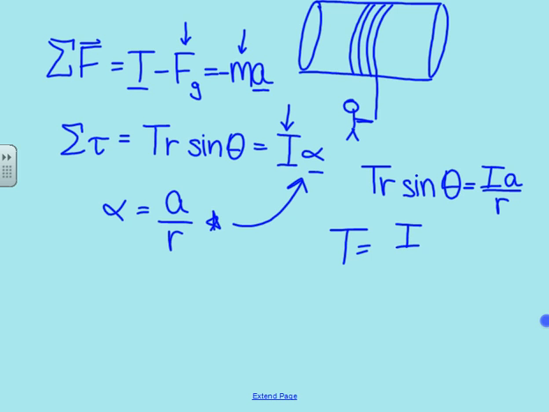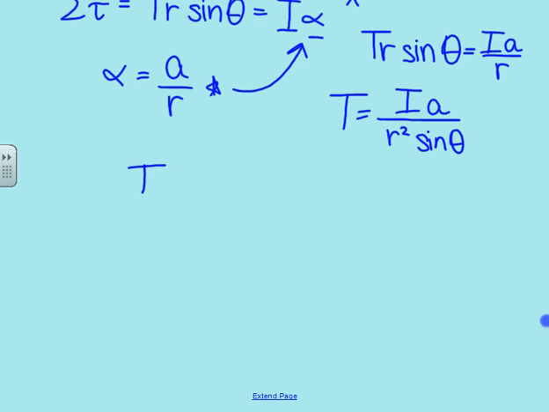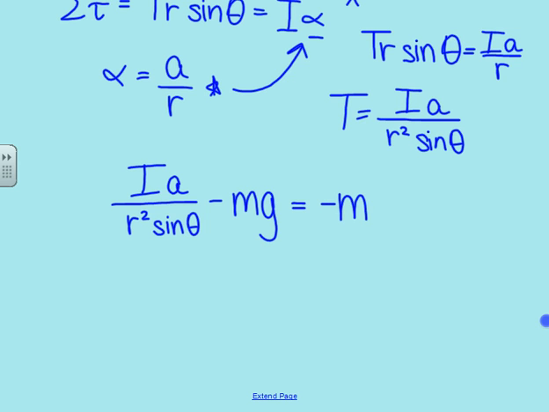T equals IA divided by R squared sine theta. Plugging that into the net force equation, I get IA divided by R squared sine theta minus mg. I'm choosing mg as plugging that in instead of fg. That's equal to negative ma.